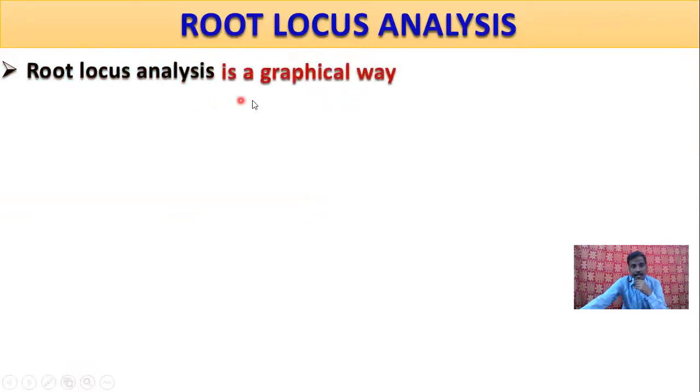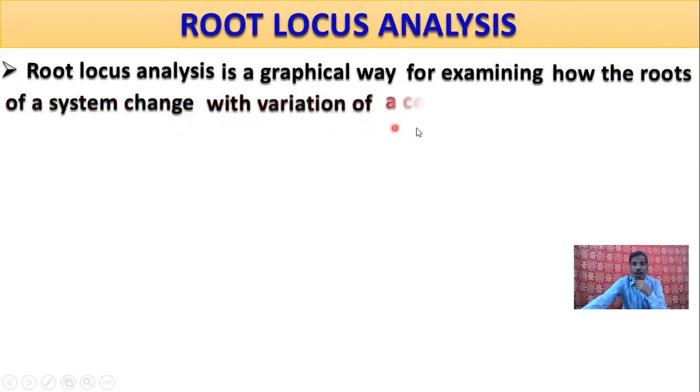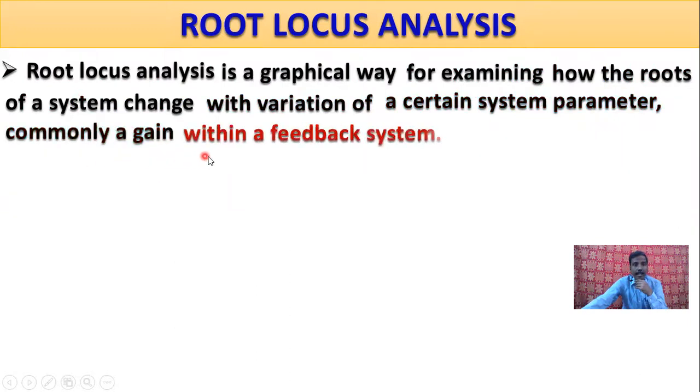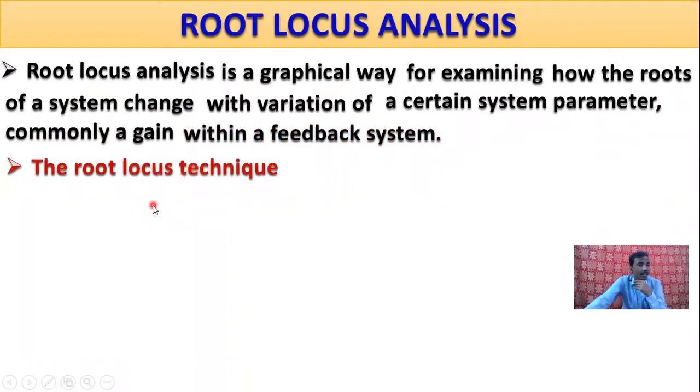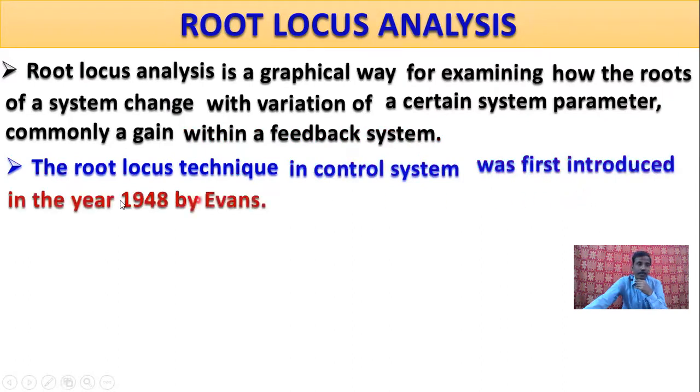Root locus analysis is a graphical way of examining how the roots of a system change with variation of a certain system parameter, commonly a gain within a feedback system. Another point, the root locus technique in control systems was first introduced in the year 1948 by Evans.